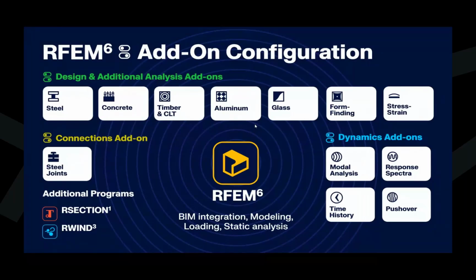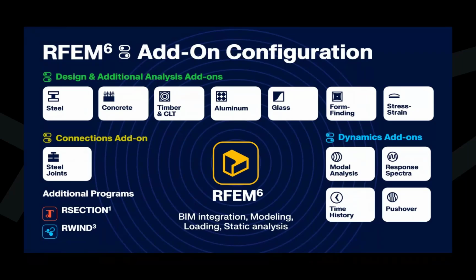This allows us to fully integrate with BIM software, which we'll talk about in just a minute. We have access to all of the standard cross-sections and materials directly in this base program, where we can fully model the structure, even without BIM integration. We can apply the loads and get a full static analysis.